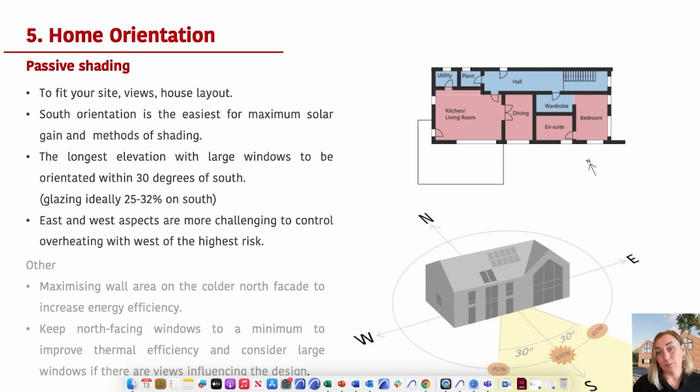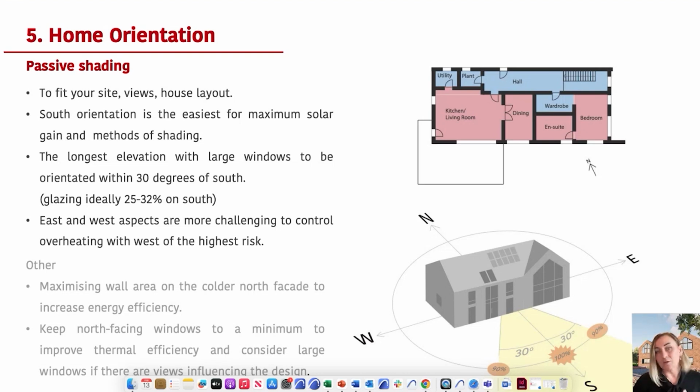So at that point, we need to start allowing for a form of passive shading, and that could be canopies, extended roof overhangs, balconies. We can use all of those passive elements to provide solar shading so that there is control of the heat coming into your home.